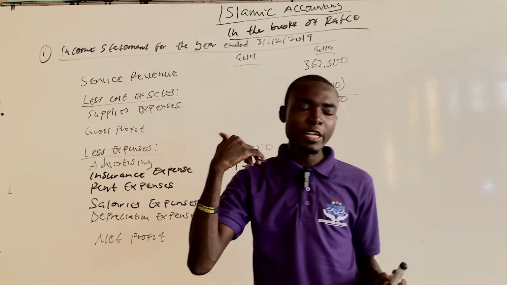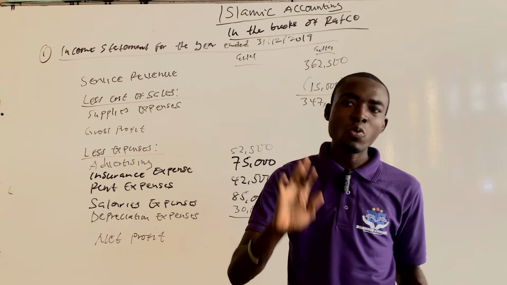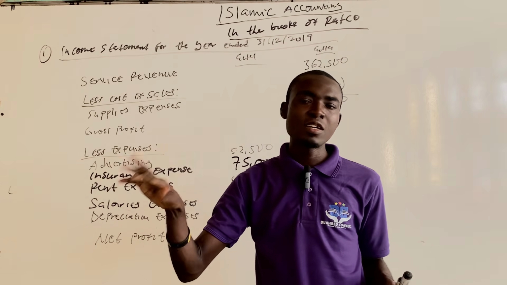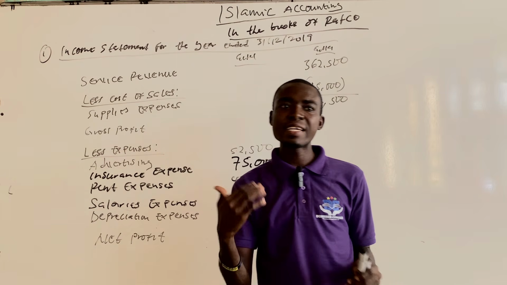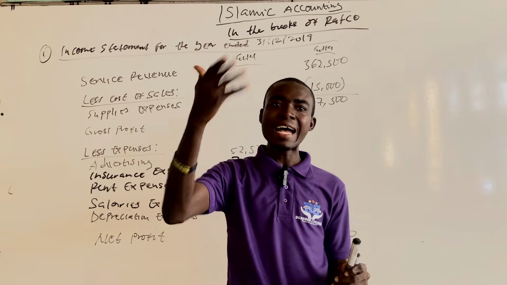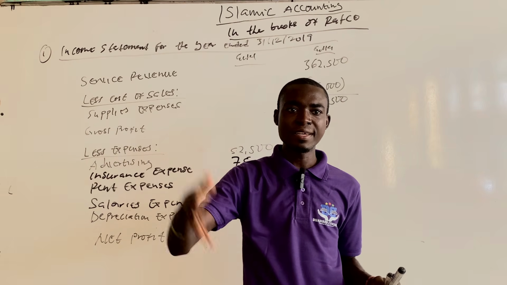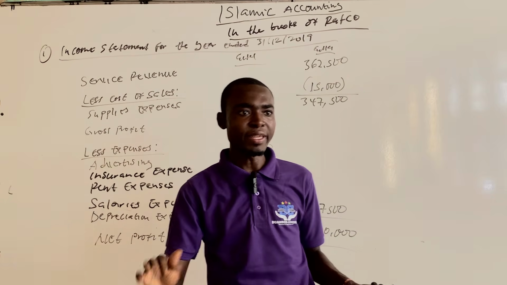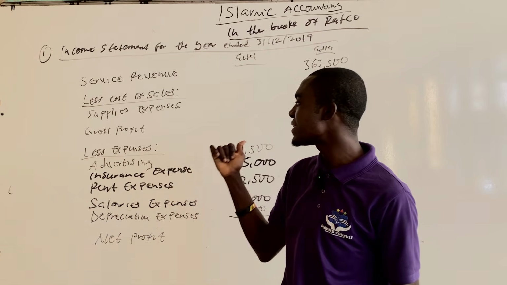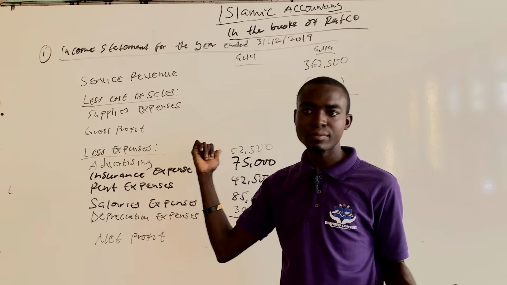But in case the prepaid insurance was given to us in the footnote, it means we are to make the adjustment to the insurance expense. Since it's in the trial balance, we are done doing the adjustments already. So there is no need for you to deduct the insurance prepaid from the insurance expense.